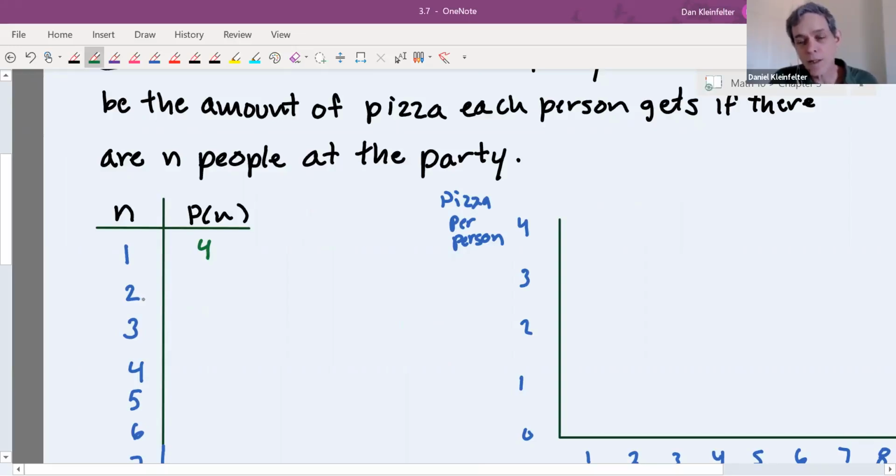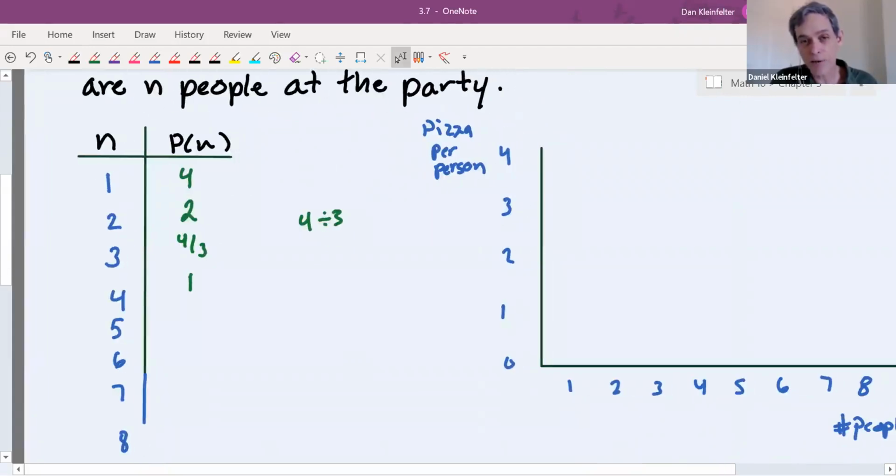If there are 2 people, then the 4 pizzas are divided by 2 people, and so each person gets 2 pizzas. If there are 3 people, then we have 4 pizzas divided by 3 people, 4/3 or 1 1/3 pizzas per person. If there are 4 people and 4 pizzas, each person gets 1. And then it's going to keep going down, right? More people means less pizza for each person.